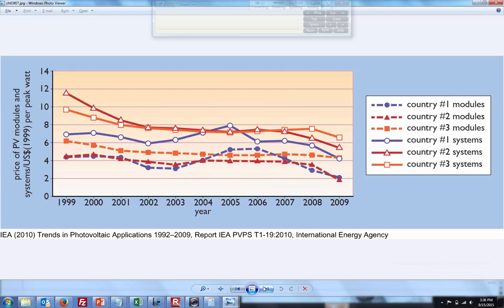But let's just take a look. There are 6 curves there. We just take the top one, modules. So, evolution of price of PV modules and small scale systems in three different countries for about a 10-year period. It says prices per watt are shown in constant US dollars.